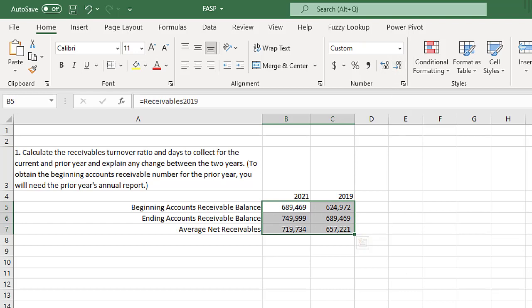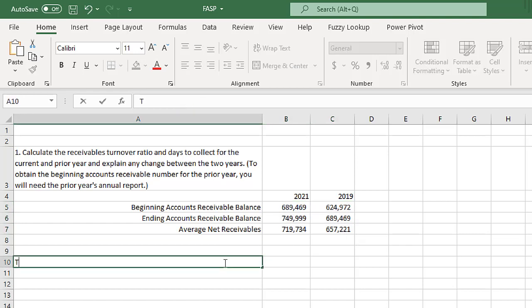Just like we've been formatting everything else. Okay, now we're finally ready to do our turnover ratio. So I'm just going to put accounts receivables turnover ratio.